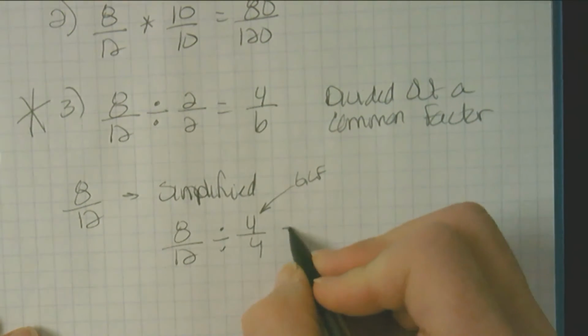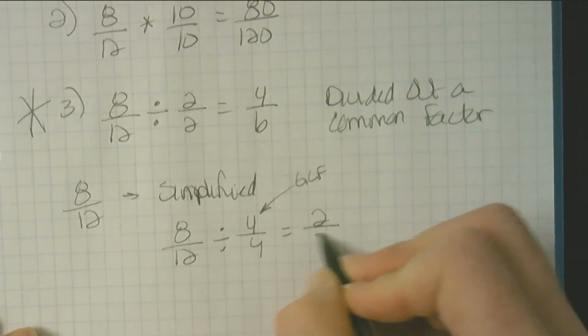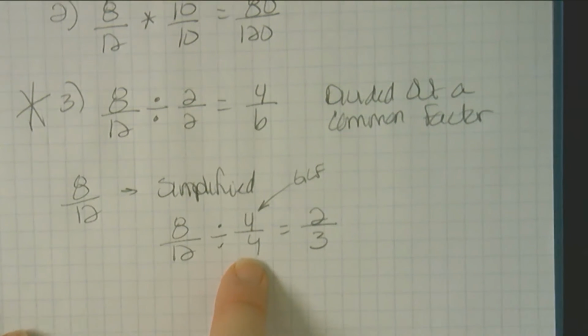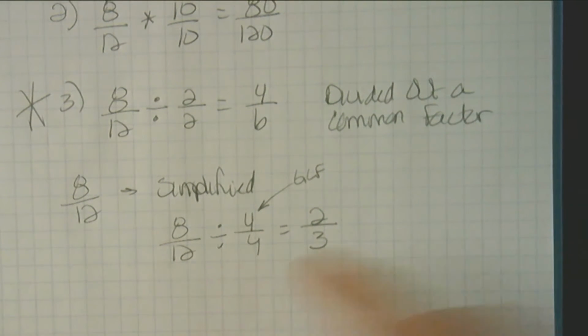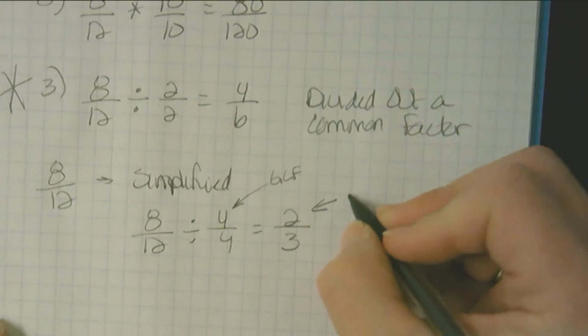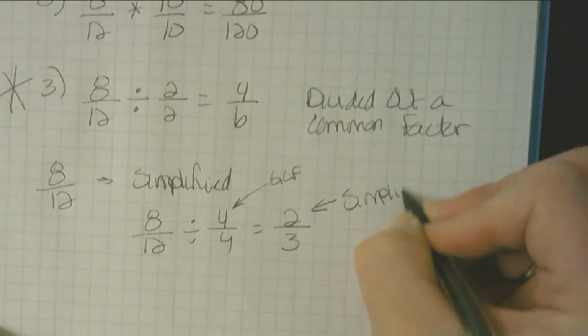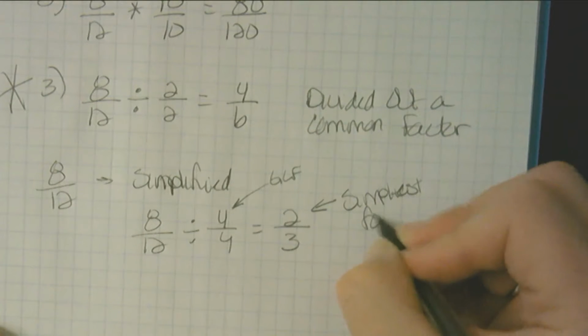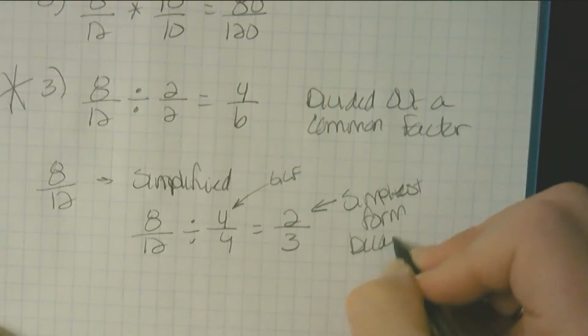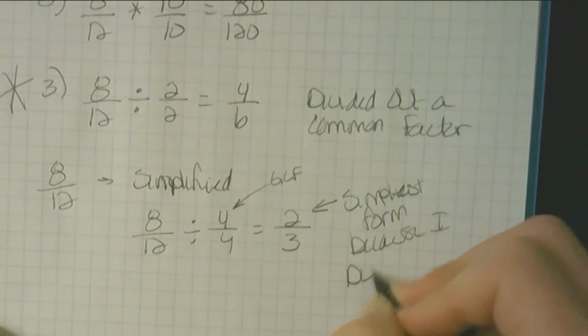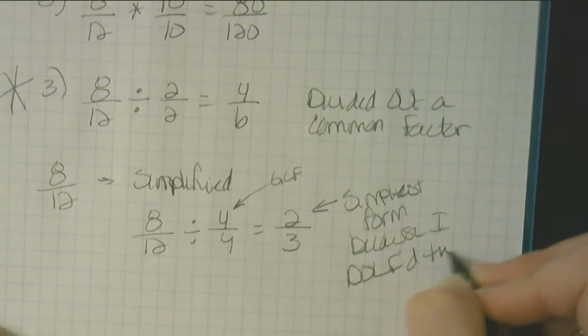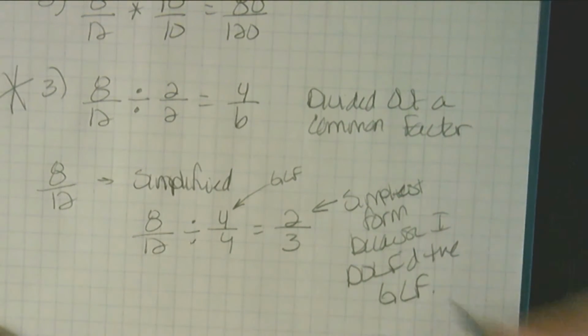So if I divide out the greatest common factor, it's going to give me my simplest form. All right, simplest form because I divided out the GCF.